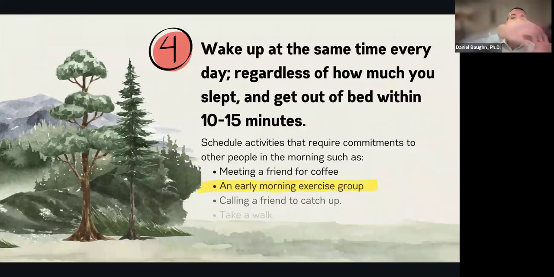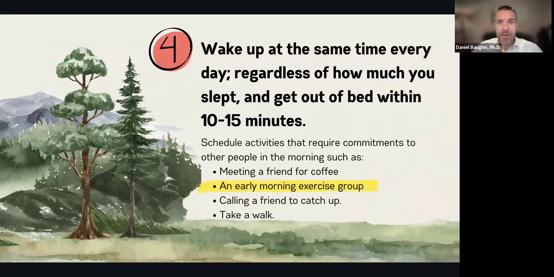Okay. Number four, wake up at the same time every day, regardless of how much you slept, and I need you to get out of bed within 10 to 15 minutes. This is the single most important thing you can do to help improve your rest right now.